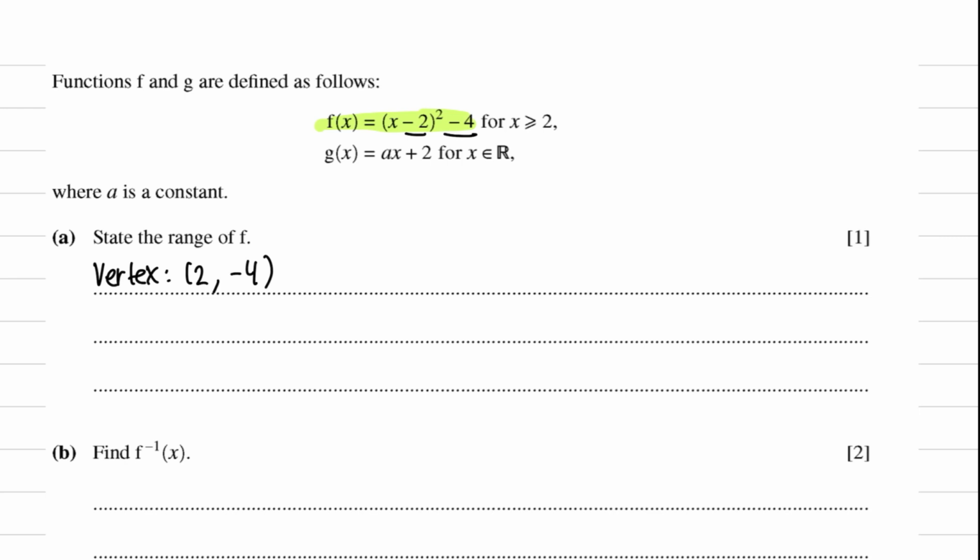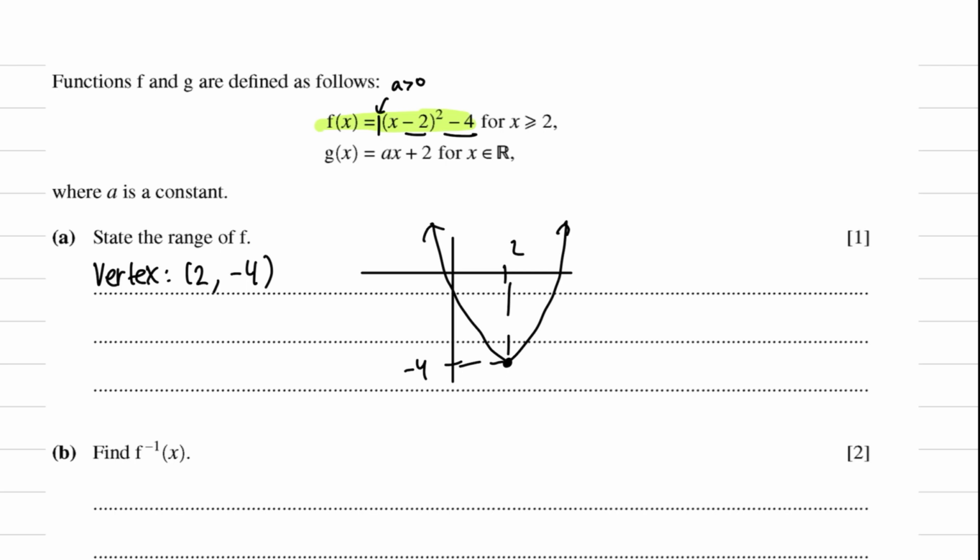And then to find the range, we can sketch the graph. So we can visualize the graph. This is 2, this is minus 4, this is your vertex. And because your a is positive here, the number in front of x squared is 1, so it's bigger than 0. So the graph will face up like this. But we just care about the values of x that are bigger than or equal to 2.